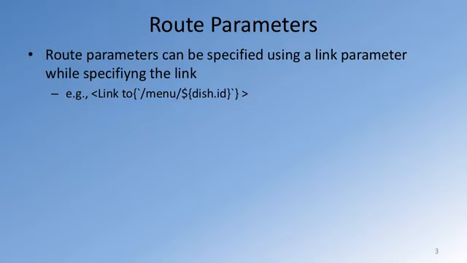So the dish ID is part of the dish property there. We're going to be able to extract that and put it into the link by using this. Note that when we specify something like this, we'll have to enclose this in back quotes, not the forward quotes, back quotes. So this is very important for you to note how we can add this in.